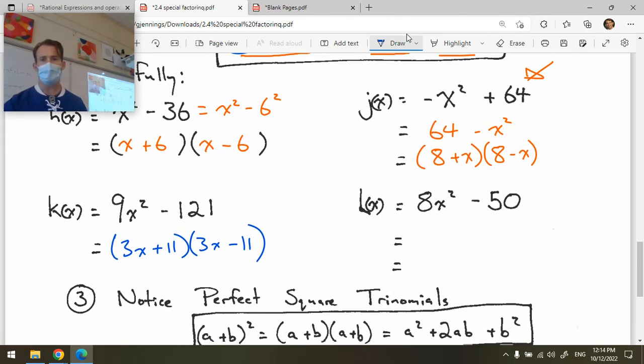But here's a trickier one. 8x squared minus 50. Is 8 a square? It's a cube, it's not a square. Is 50 a square? No. Are there any common factors?